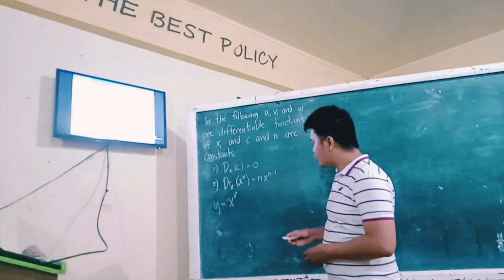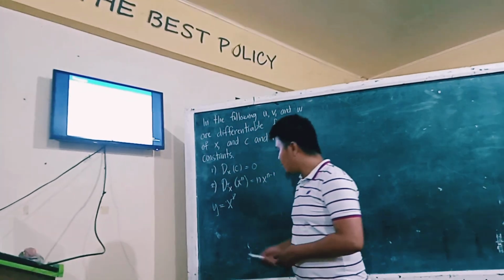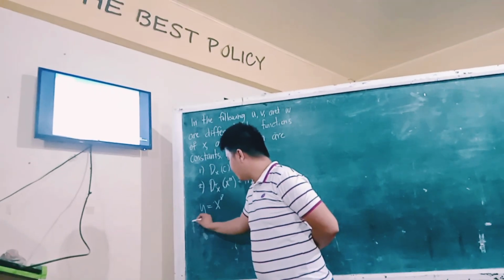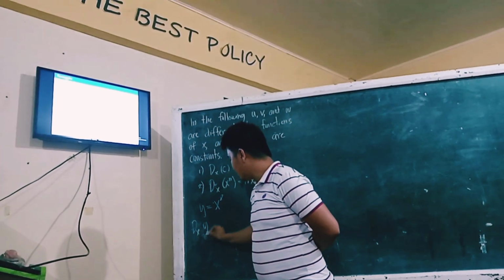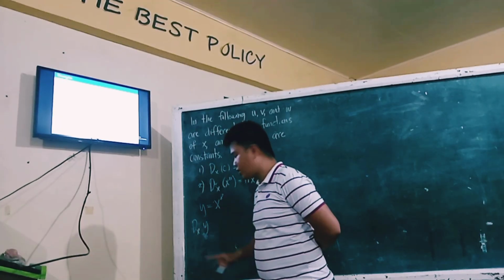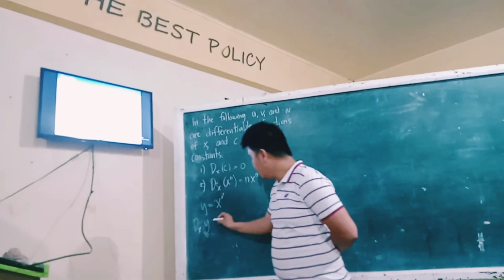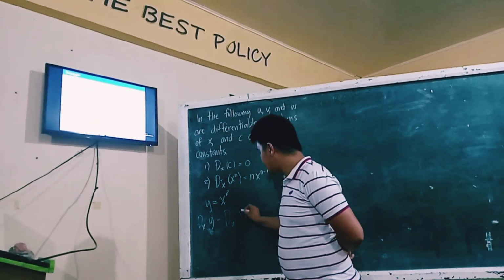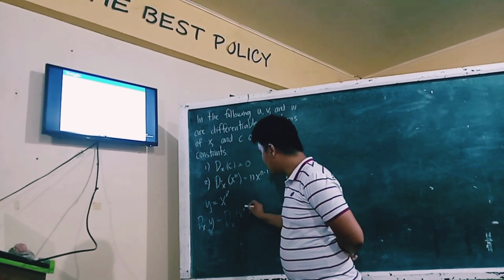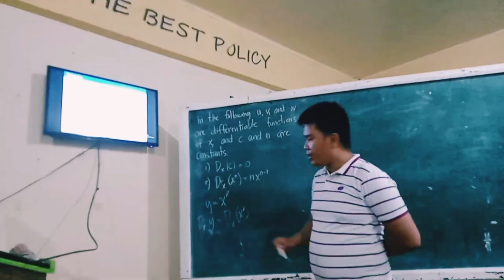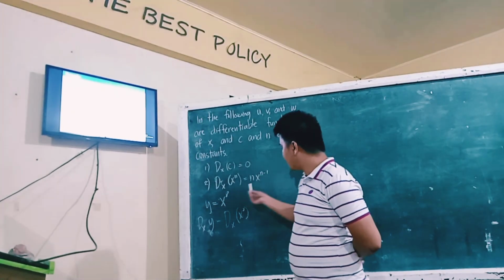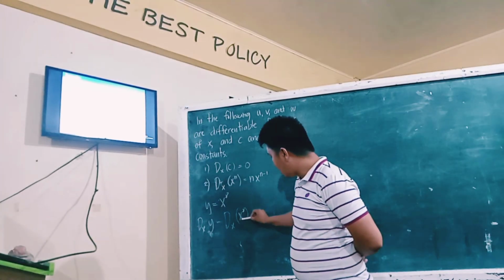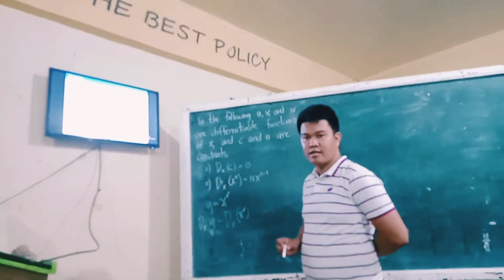So again, in differentiating a function, we need to differentiate both sides of the equation. So we have the derivative of y with respect to x, since we are differentiating with respect to x, and then the derivative of x to the 8 with respect to x. By applying this formula, we can notice that here our n is equal to 8.